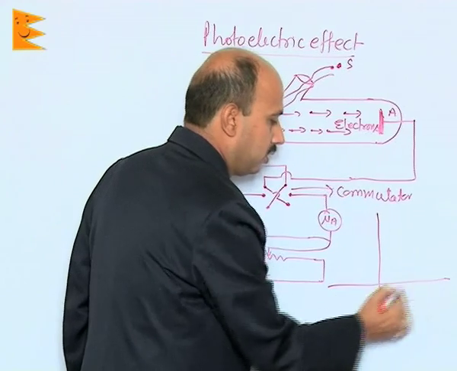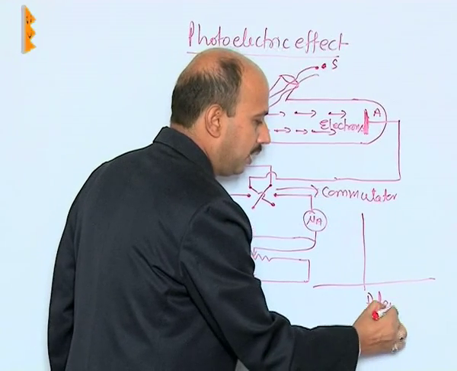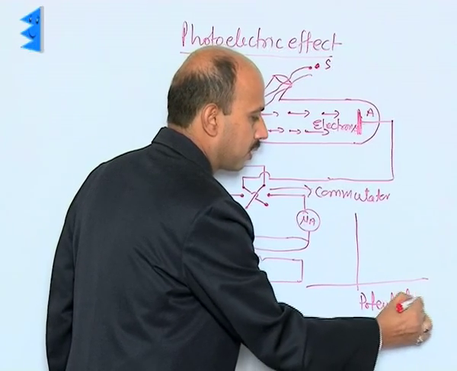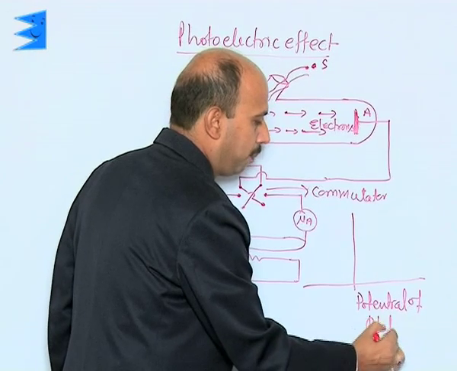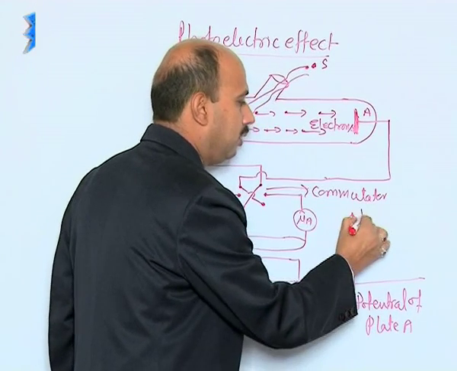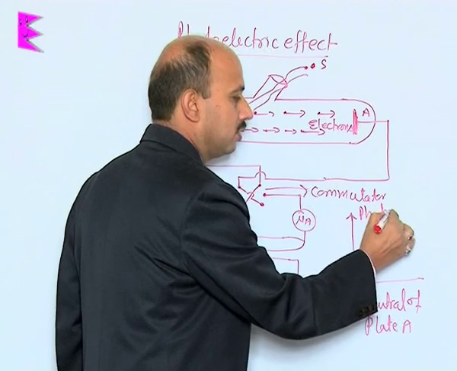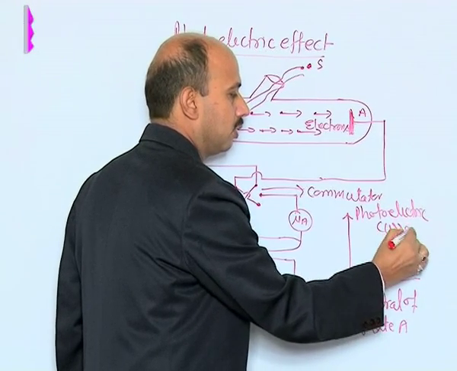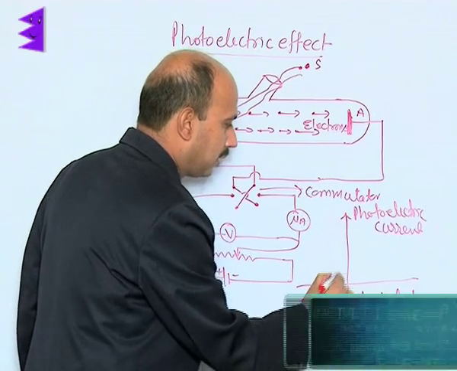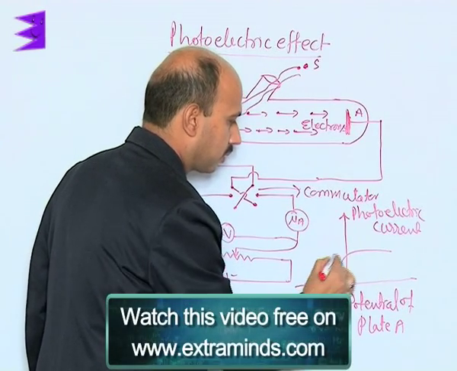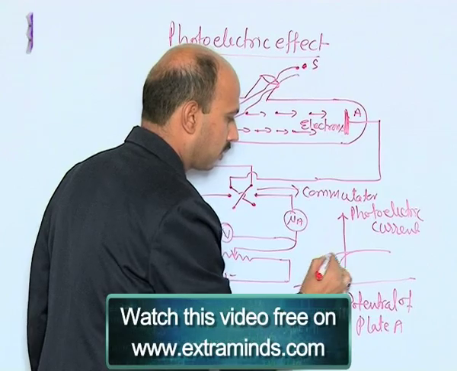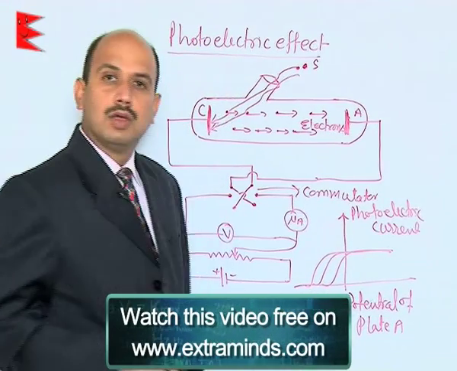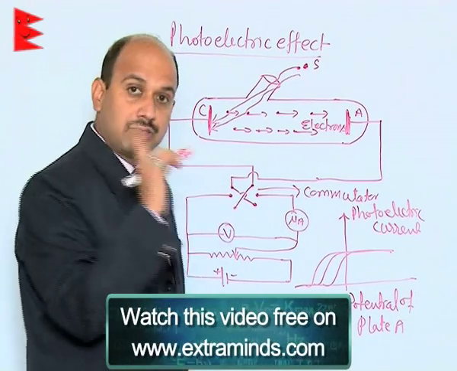Here this is the potential of plate A, and here you are getting the photoelectric current, and the graph is something like this.